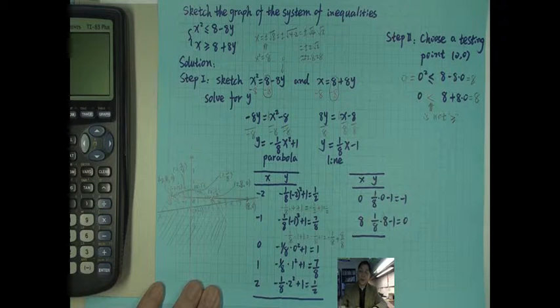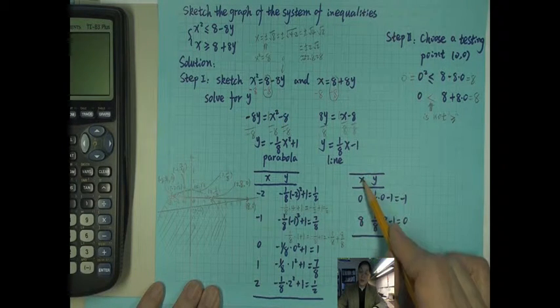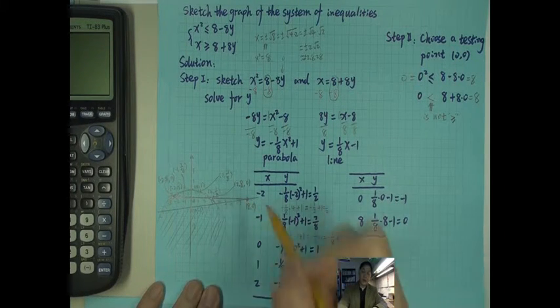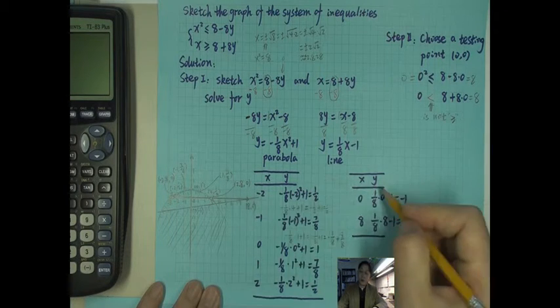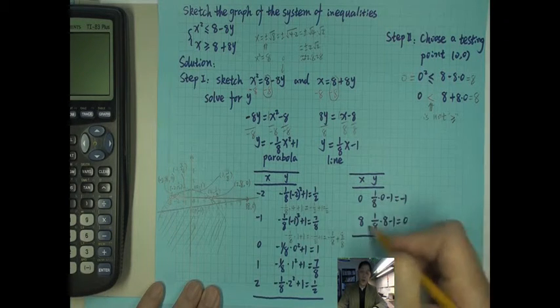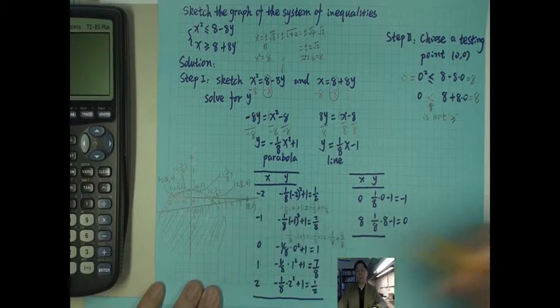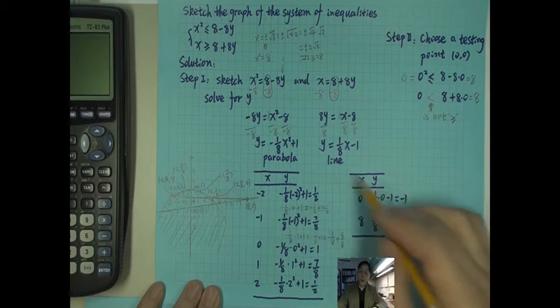You plug in 8 here for x. 1/8 times 8: 8 cancels 8, so it's 1 minus 1, which is 0. So (8, 0) is this point. For a line, you only need 2 points, and then you connect them. You then have the line for this equation.